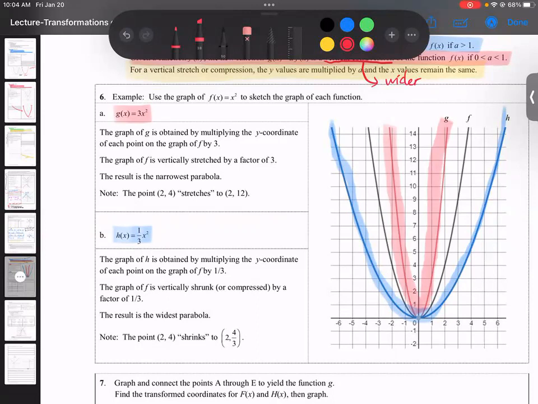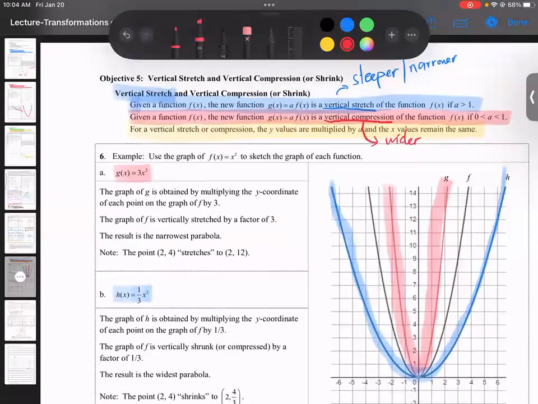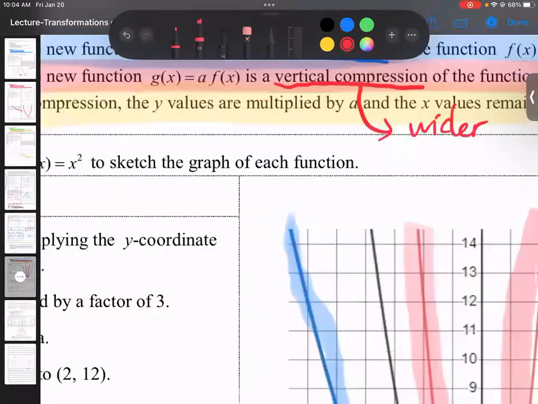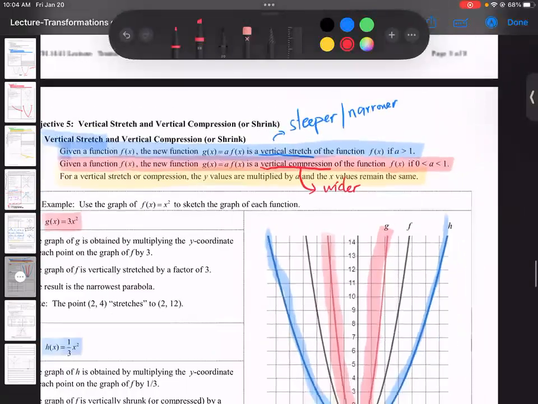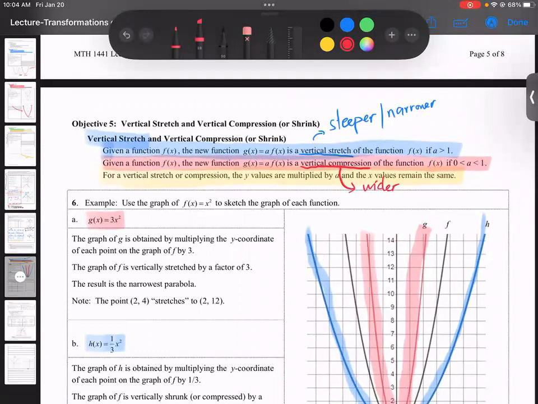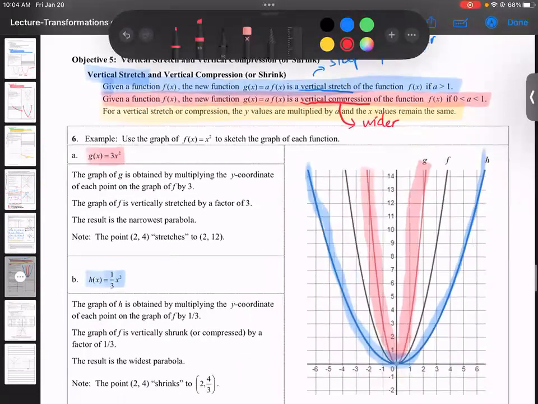If it's 2, 4 it becomes 2, 12. 4 times 3 is 12. The y value is multiplied by a and the x value remains the same. But my range does not change overall. It's still from 0 to infinity.